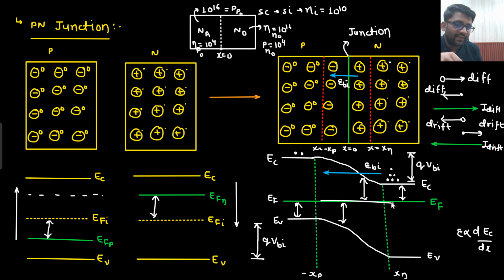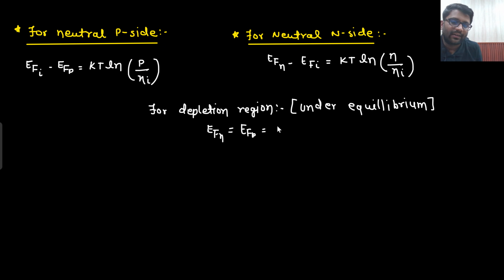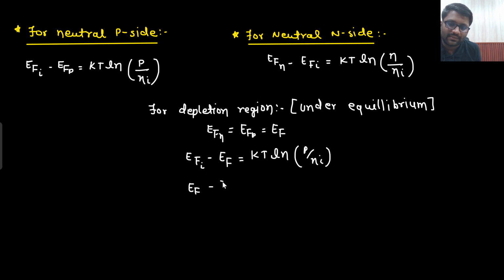In the depletion region, EFn is equal to EFp under equilibrium, and that I can write as EF. So what am I getting? EFi minus EF is equal to this thing, and EF minus EFi is equal to this thing.